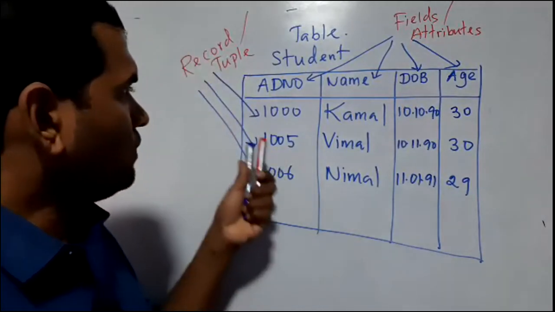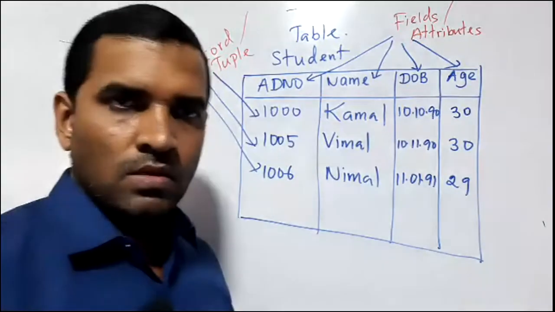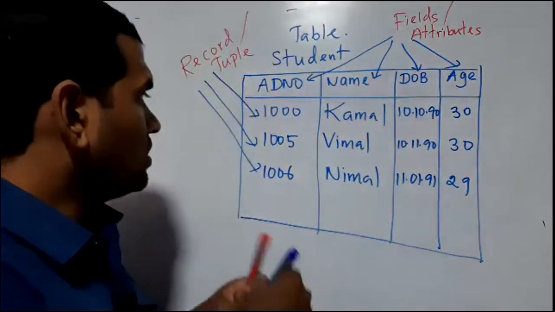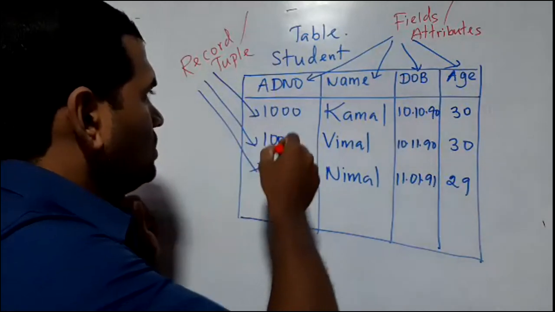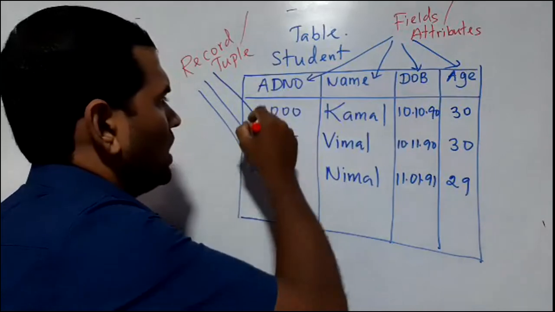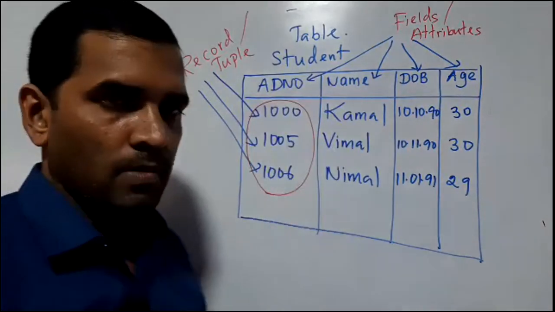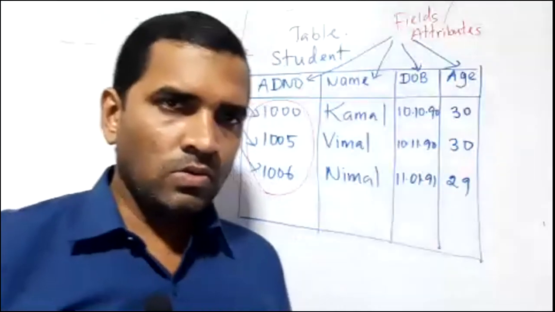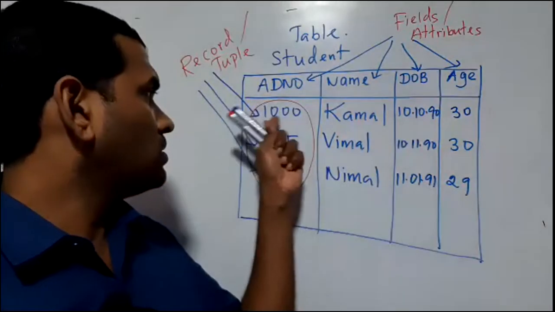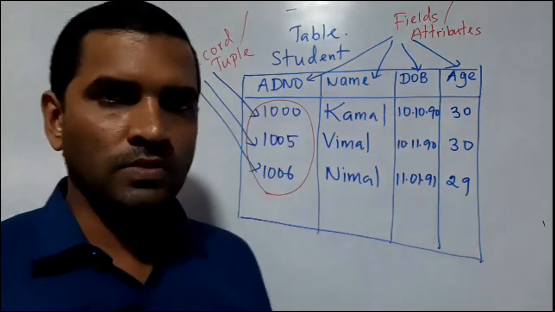Now take the first field and have a close look at it. In the admission number field, you have data. These are data: 1000, 1005, 1006.